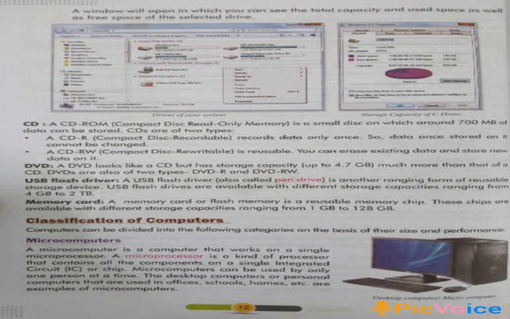CD. A CD-ROM or compact disc read-only memory is a small disk on which around 700 MB of data can be stored. CDs are of two types: a CDR or compact disc recordable records data only once, so data once stored on it cannot be changed.